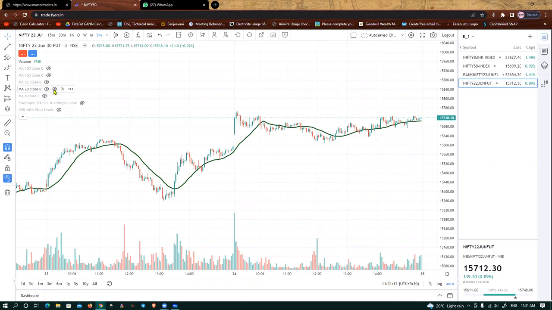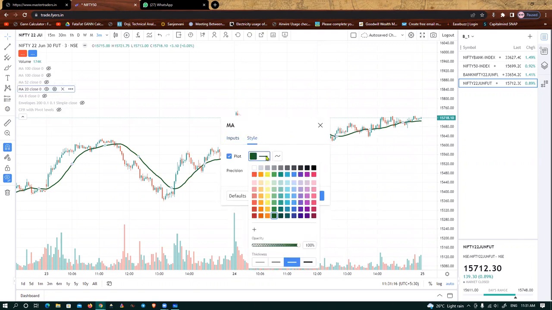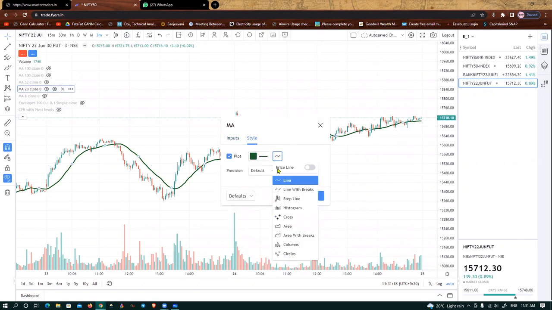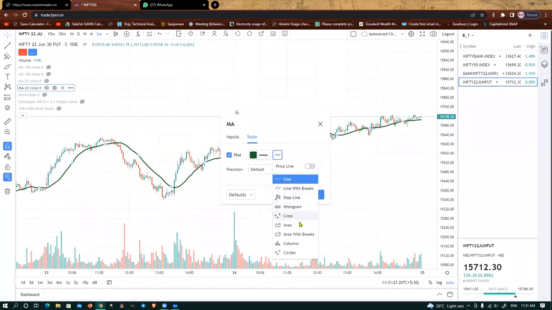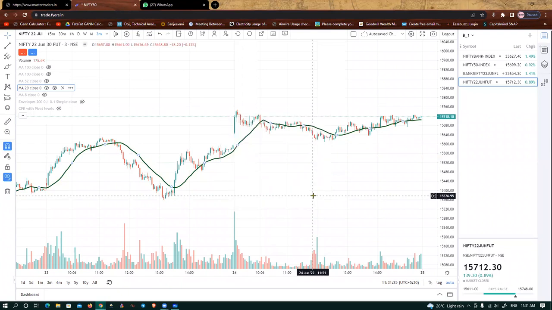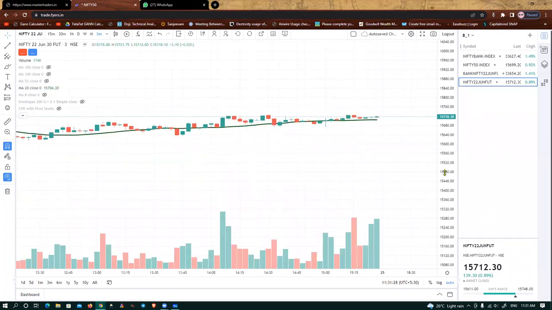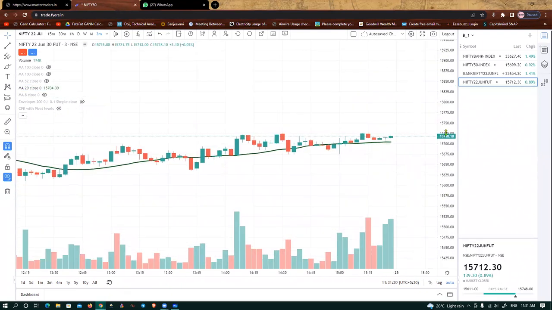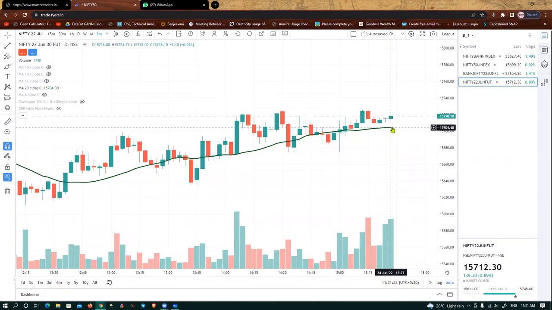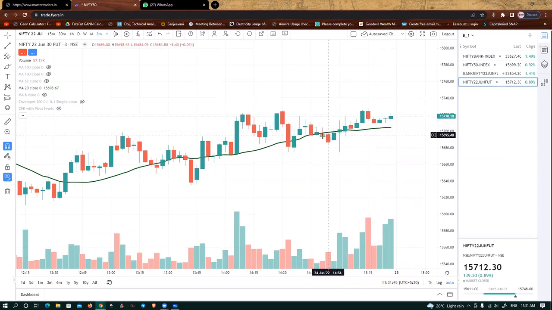All these values are dots. Say today this value is generated or calculated by the average of the previous 20 candles, because the value of this moving average is 20.